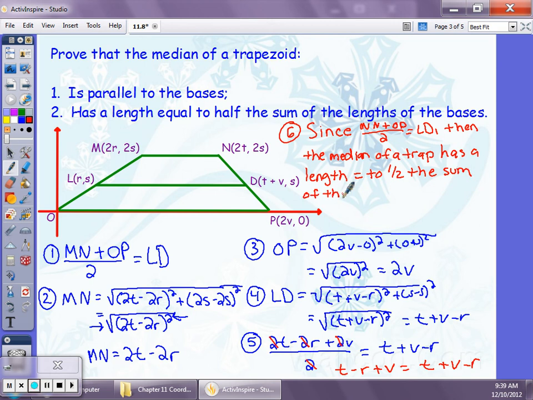And that's of the length of the bases. And that is the end of our coordinate proof.